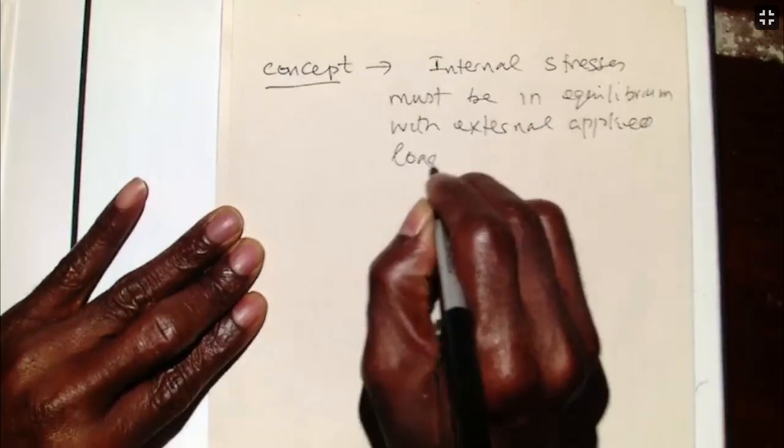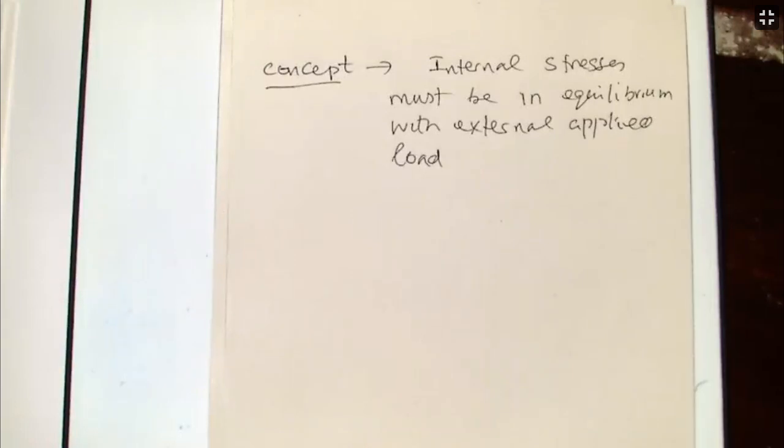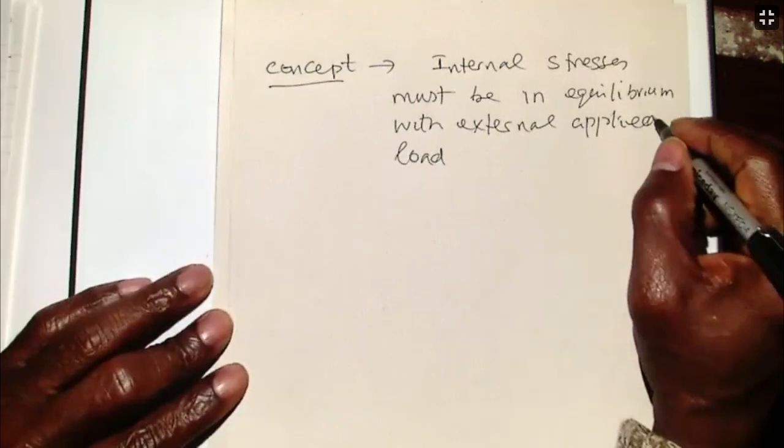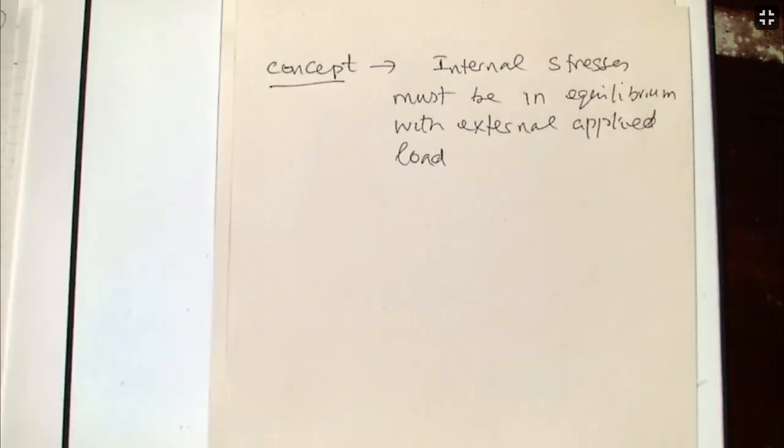When you apply a load to a structure, the load results in deformation and some stresses within that structure. But whatever stresses you develop must be in equilibrium with the load that you are putting onto the structure.